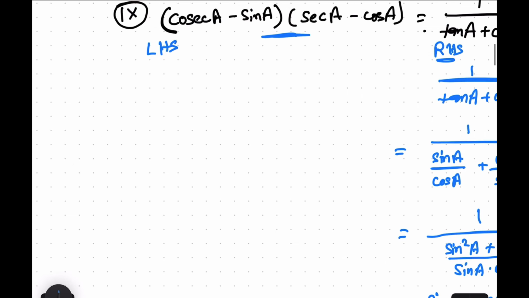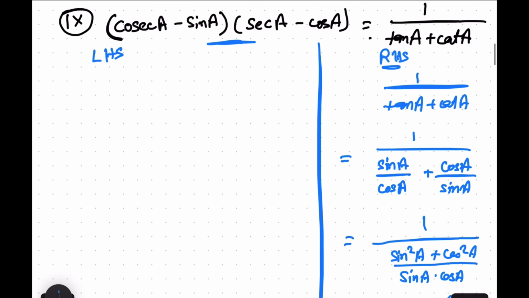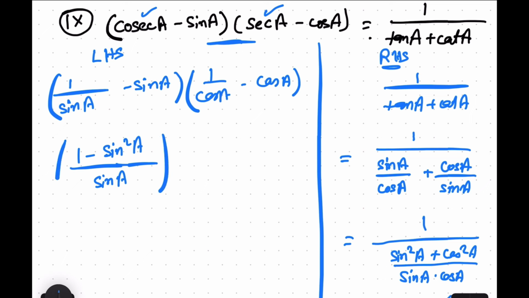Now we have to convert this LHS in terms of the RHS. Let's do that. For that, what I'm going to do is, we can convert the cos in terms of sine, and similarly here as well. So we can write 1 over sine A minus sine A, 1 over cos A minus cos A. What will be? 1 minus sine squared A divided by sine A, and here it will be 1 minus cos squared A divided by cos A, correct?